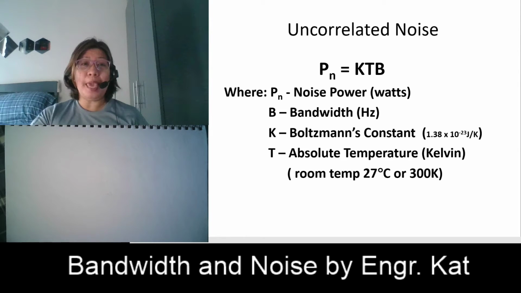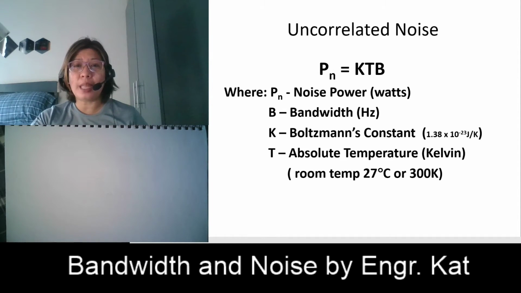Here, PN is your noise power in watts. B is your bandwidth in hertz. K is your Boltzmann constant, 1.38 times 10 raised to negative 23 joules per Kelvin. T is your absolute temperature in Kelvin.